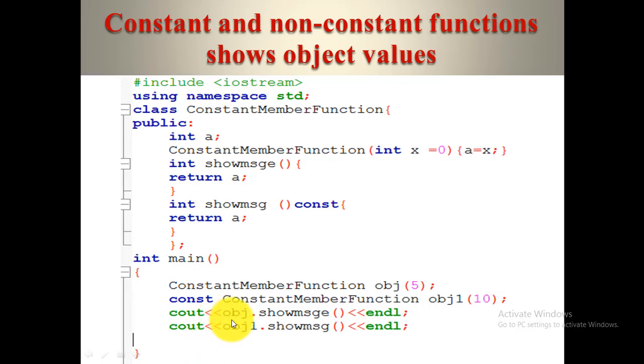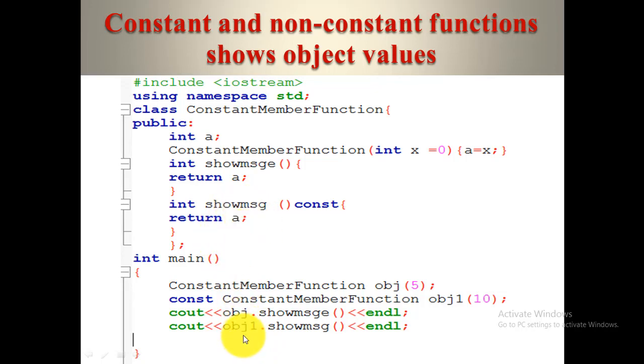So here we call object dot show message. This will call this function and it will return the value of a, that is 5. In the same way, when we call object 1 dot show message, that is a constant function, as we have earlier studied, the constant object can call only the constant function.